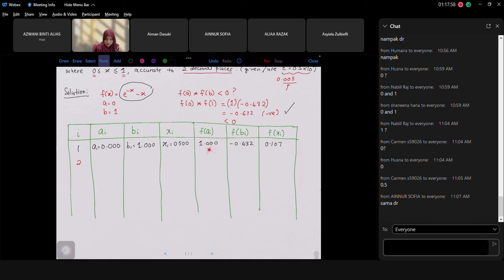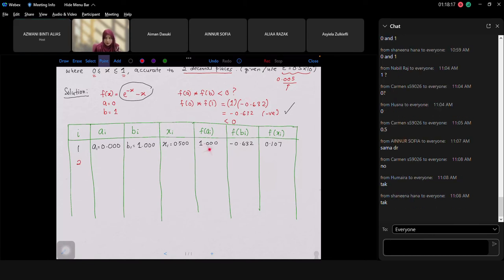Boleh consider tak FA dengan FX? FA positif, FX positif. Satisfied tak this part? Satisfied tak this part? No, ya. Tak satisfied. So jangan consider.